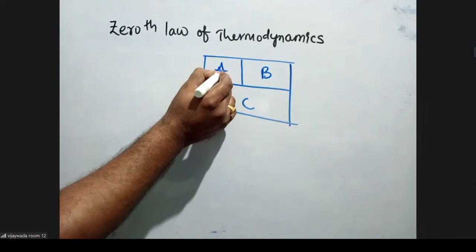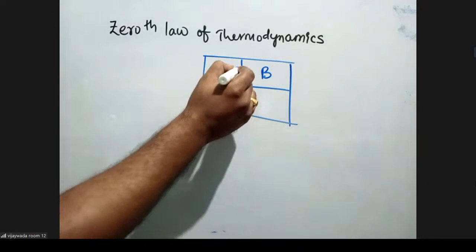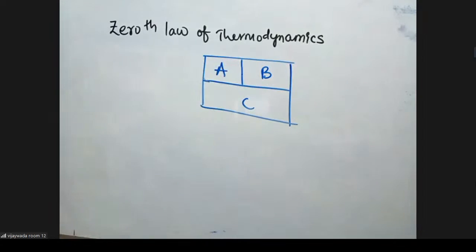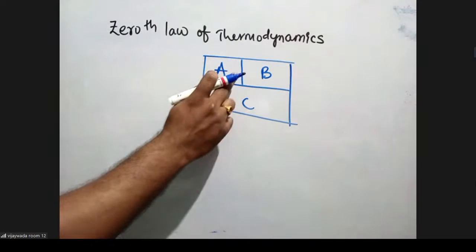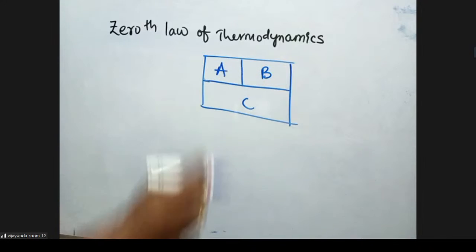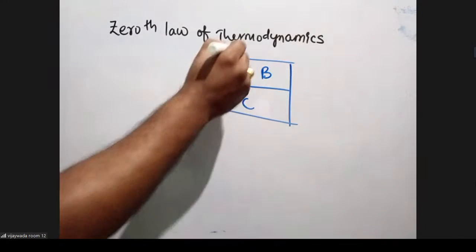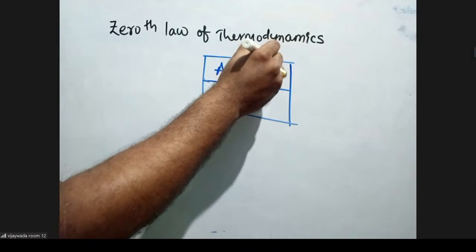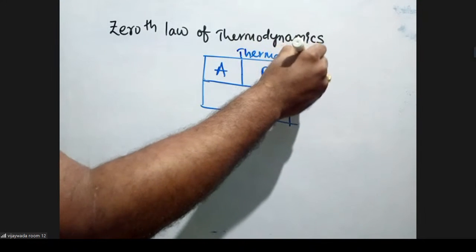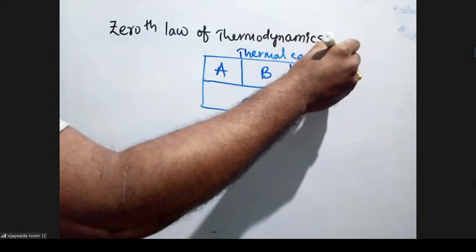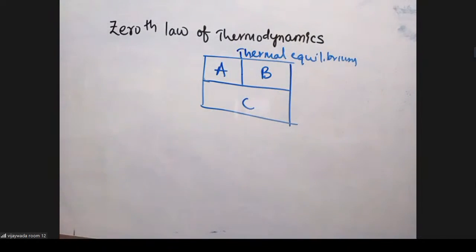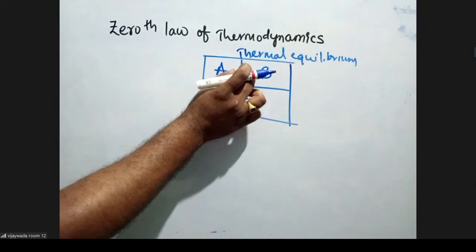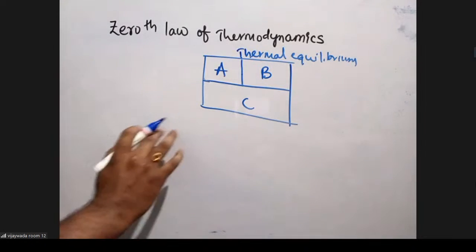If A system and B system are at the same temperature, then there is no flow of heat, and that is called thermal equilibrium. Thermal equilibrium means if two systems are at the same temperature, there is no flow of heat.